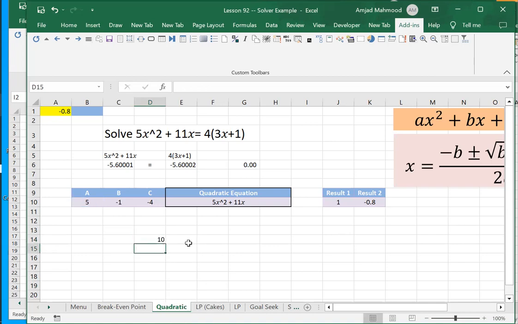So this is going to give you 10, right? So this is because you have named it. So similarly, we have named this as x, and then we have used this formula to simulate this formula, right?